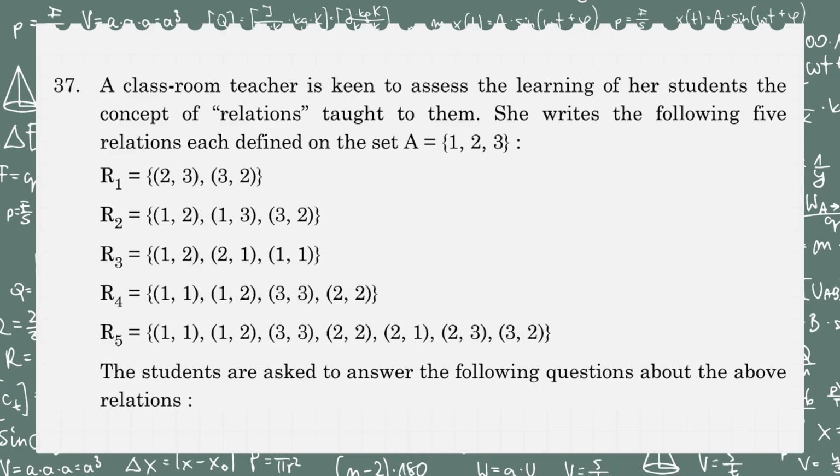The first relation R1 is {(2, 3), (3, 2)}. And the relation R2 is {(1, 2), (1, 3), (3, 2)}. And R3 is {(1, 2), (2, 1), (1, 1)}. And R4 is {(1, 1), (1, 2), (3, 3), (2, 2)}. And R5 is {(1, 1), (1, 2), (3, 3), (2, 2), (2, 1), (2, 3), (3, 2)}.